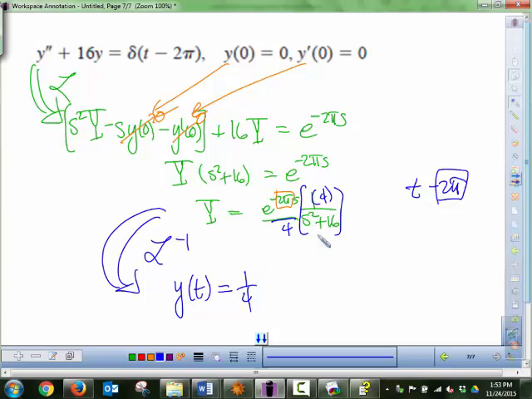And then this becomes a sine function, sine of 4 times the shift, t minus 2 pi, times the u function, t minus 2 pi.